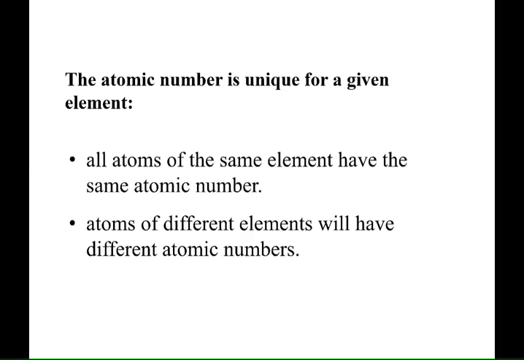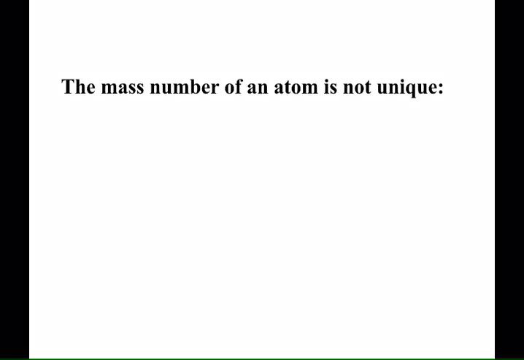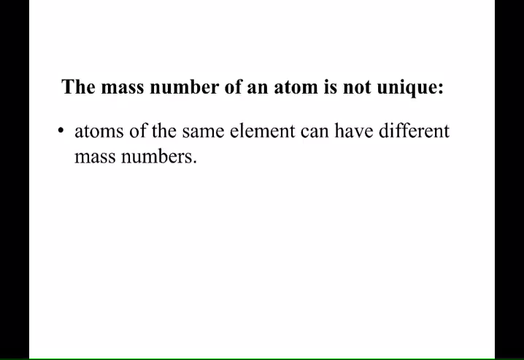Now mass number, you don't say the same thing. Mass number is not unique for a particular element. So atoms of the same element can have different mass numbers. The way that works is they have the same element, so they have the same number of protons.